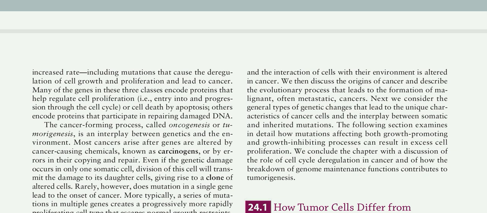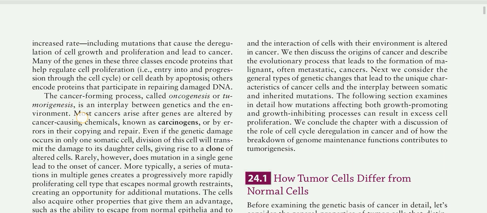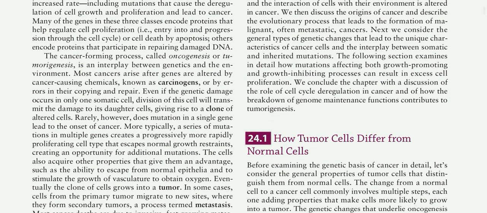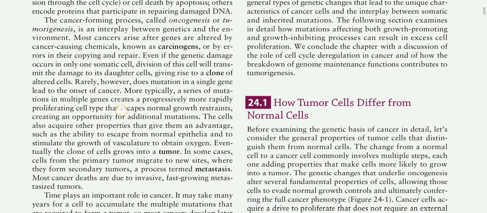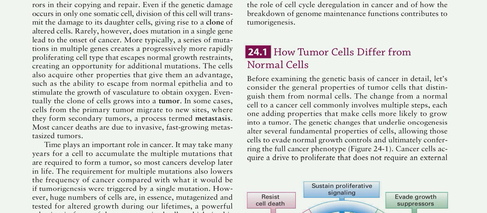Next, we consider the general types of genetic changes that lead to the unique characteristics of cancer cells and the interplay between somatic and inherited mutations. The following section examines in detail how mutations affecting both growth promoting and growth inhibiting processes can result in excess cell proliferation. We conclude the chapter with a discussion of the role of cell cycle deregulation in cancer and how the breakdown of genome maintenance functions contributes to tumorigenesis.